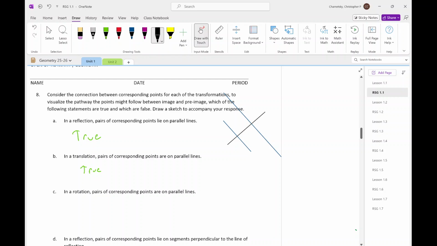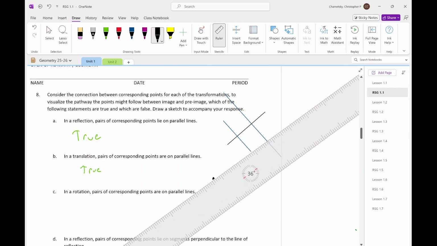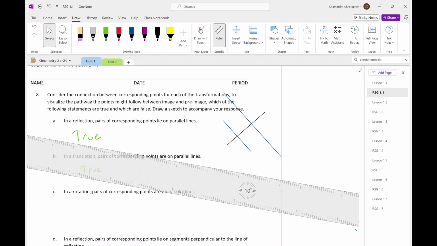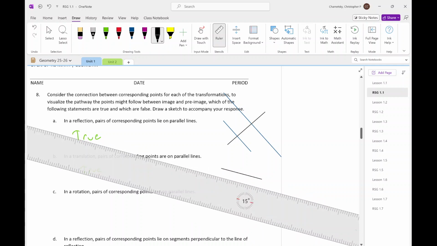Okay. In a translation, each of our points moves the same distance and the same direction.